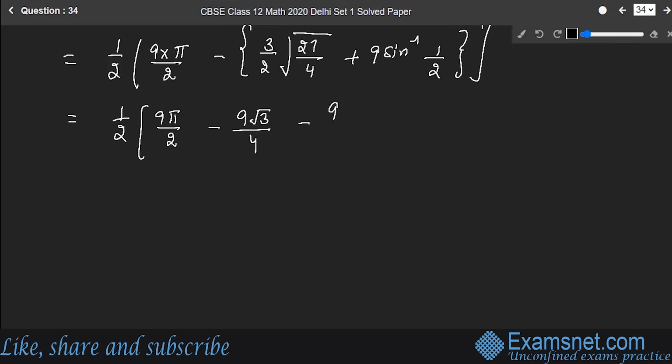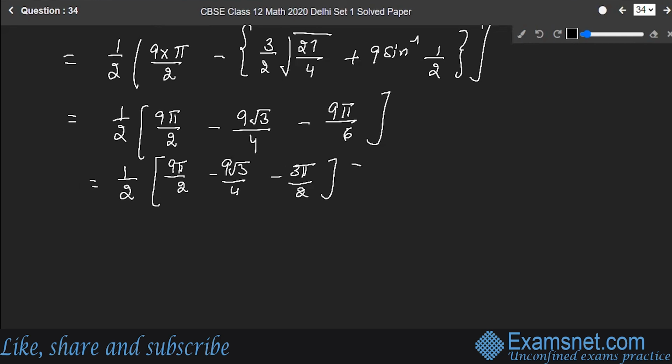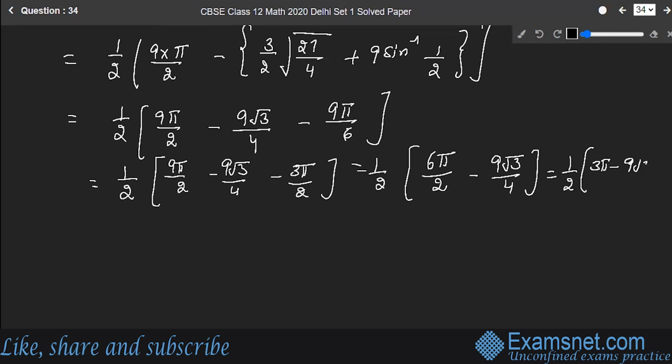Minus 9 pi by, this will be pi by 6. Fine. This is equal to 1 by 2, 9 pi by 2 and minus 9 root 3 upon 4 minus 3 pi by 2, which is equal to 1 by 2, 6 pi by 2 minus 9 root 3 upon 4, which will be 1 by 2, 3 pi minus 9 root 3 upon 4.